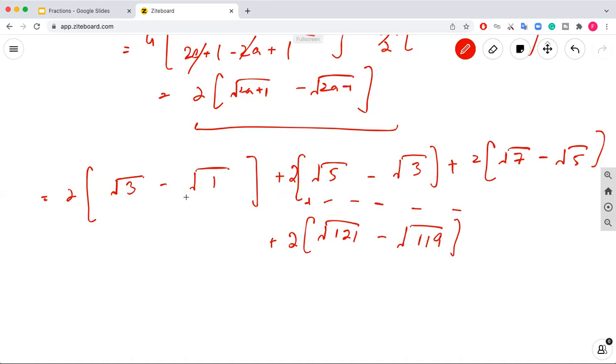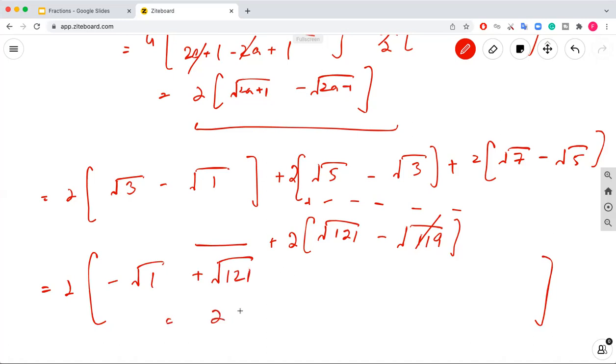So we are saying that this square root of 3 cancels out with minus square root of 3, and this is cancelled along with the next one, so minus square root of 119 will cancel out with the preceding value. For more simplification, just take 2 common for all of these. So we're left with minus square root of 1 plus square root of 121, right? So this will be 2 into 11 minus 1. This is 2 into 10 and the answer is 20. Everyone got this or not?